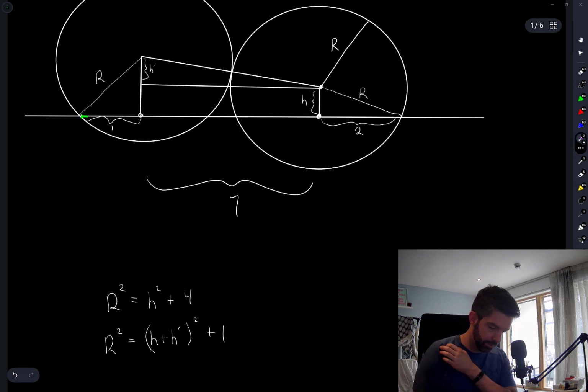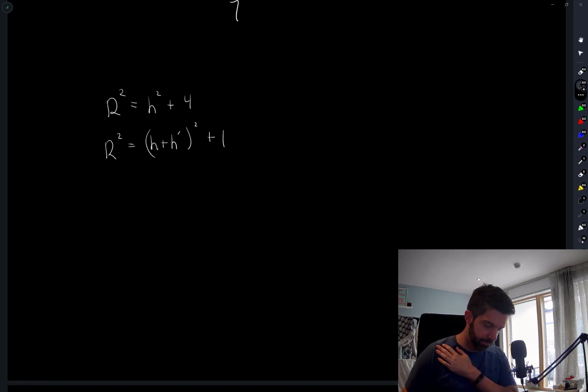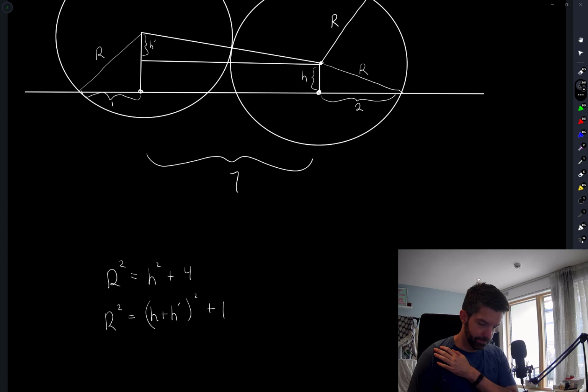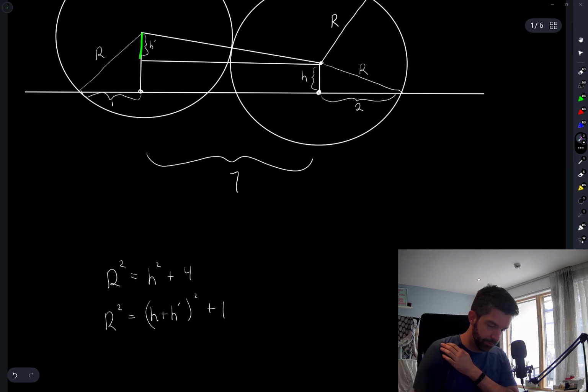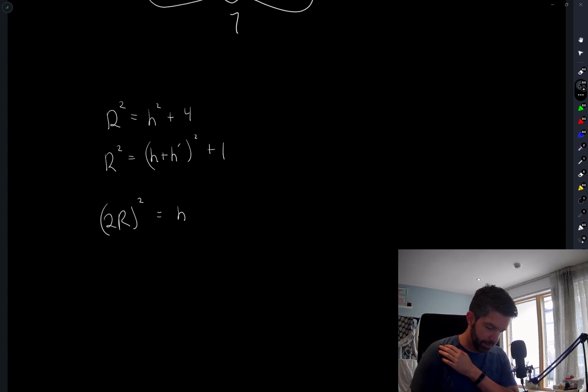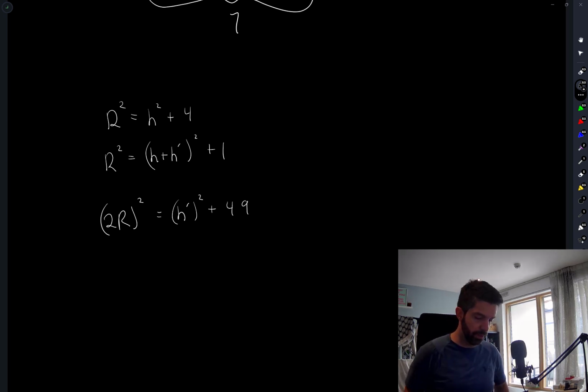That's just Pythagoras on that triangle. And if I do Pythagoras on this triangle, I have (2r) squared is equal to h prime squared plus 49. So I have 3 equations and 3 unknowns. I don't need to solve for everything. I need to solve for r squared.